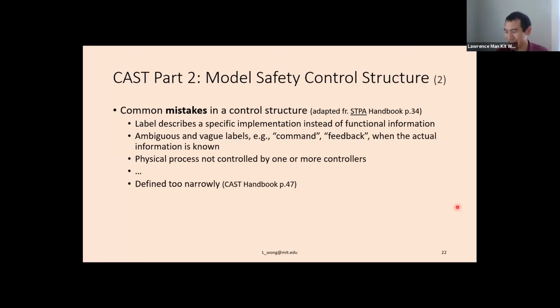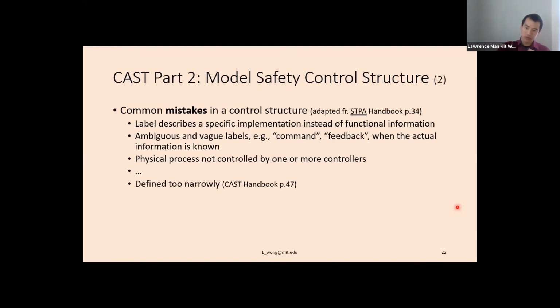It is another common mistake in creating control structures that people tend to label them with a specific implementation instead of functional information. For example, say I'm an operator and I need to pressurize a vessel.